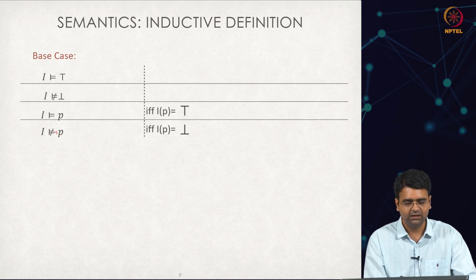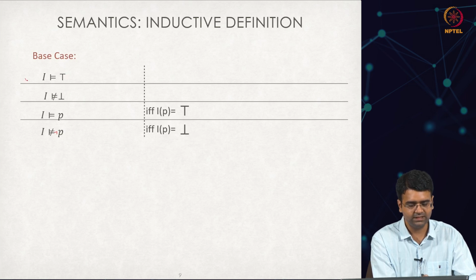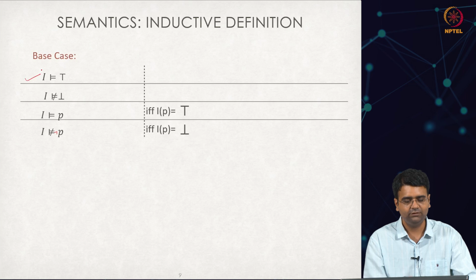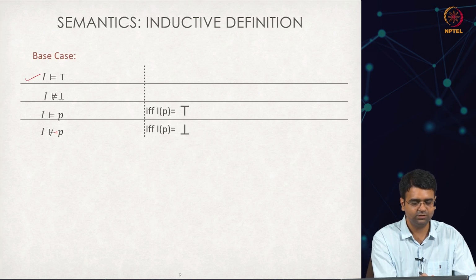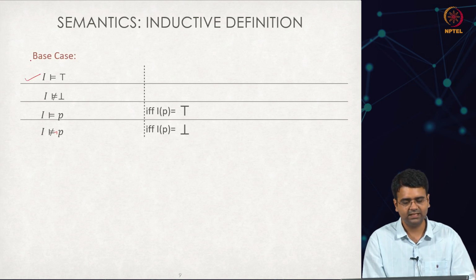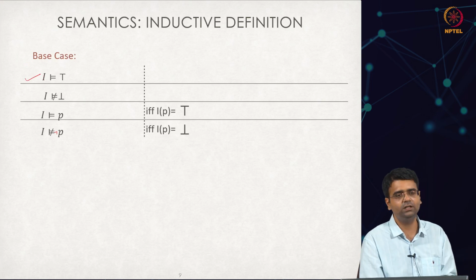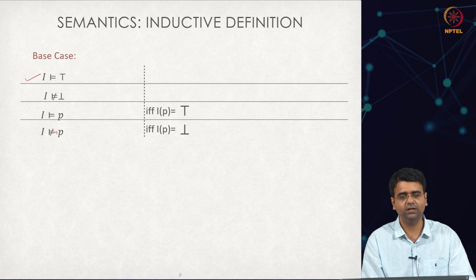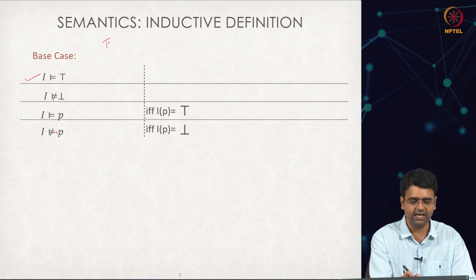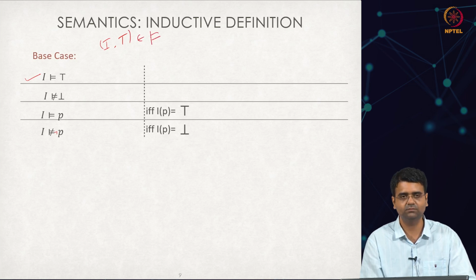The first case says that if you take any arbitrary interpretation I, then I is a model of the formula true. This means that I comma true belongs to the models relation.